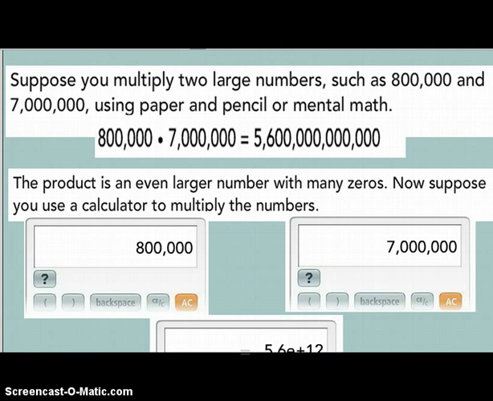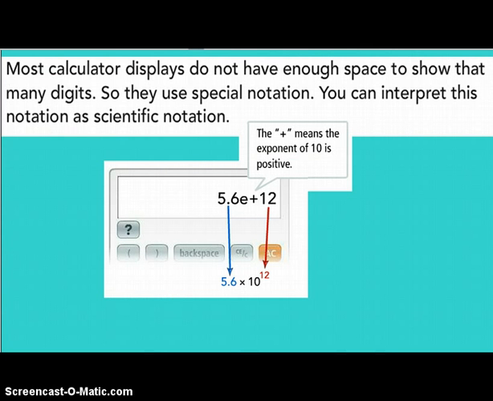Some of you may have already seen this. If you take two really large numbers and you multiply them, like 800,000 times 7 million, most calculator displays do not have enough space to show many digits. So when you put in that 800,000 times 7 million and you got 5.6e plus 12, you can interpret this as scientific notation.